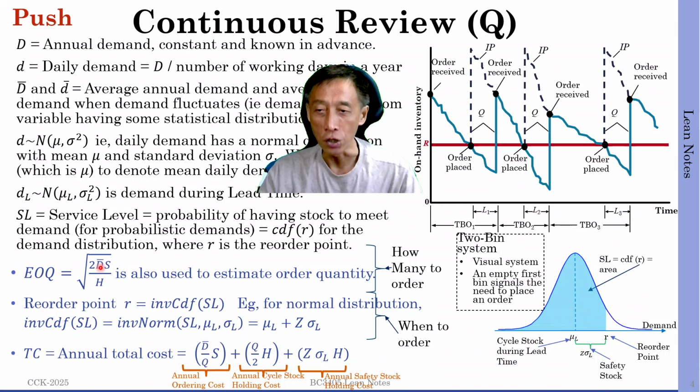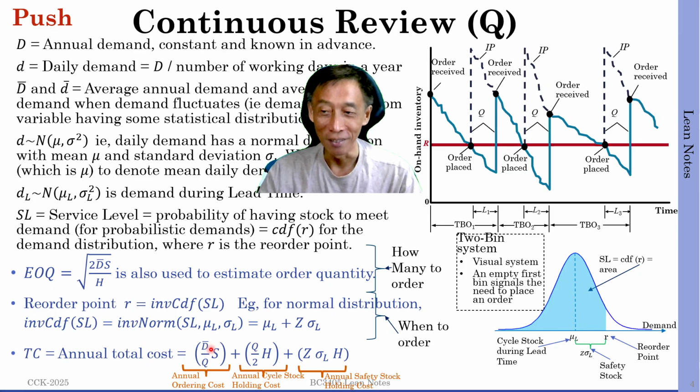So that's one change. Number two, when we calculate this, we no longer call it the optimal order quantity. We just call it an estimate, a guidance, an appropriate order quantity. Clear? All right, because we cannot prove it, and neither can it be optimal all the time because the annual cost keeps fluctuating, right?